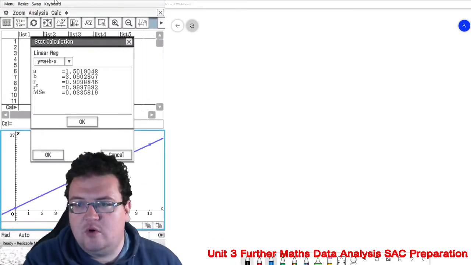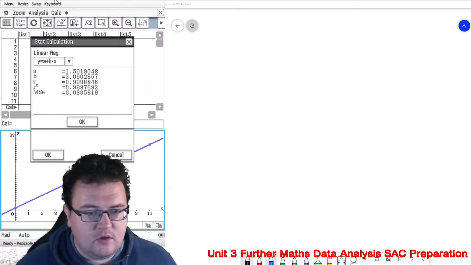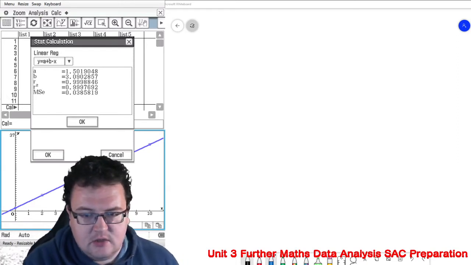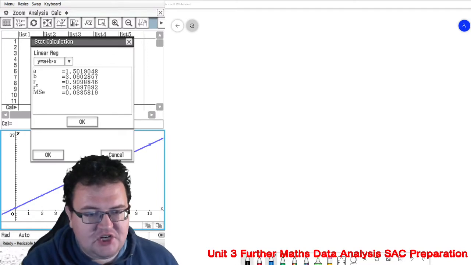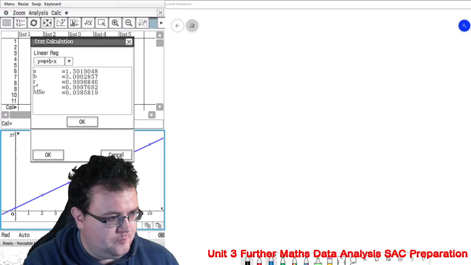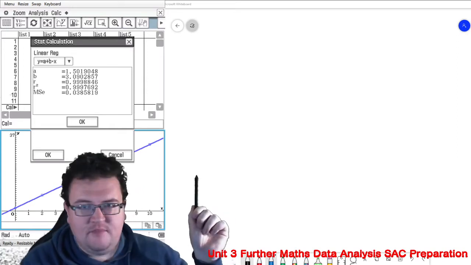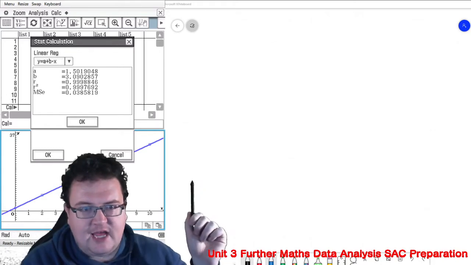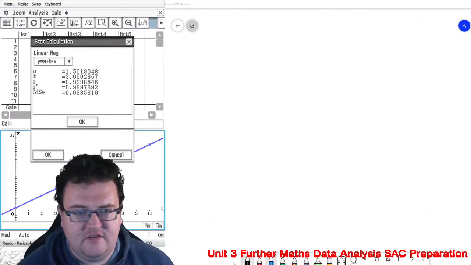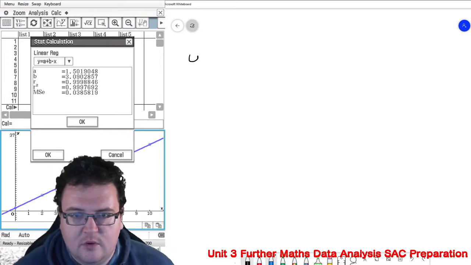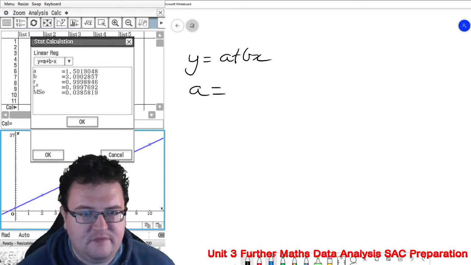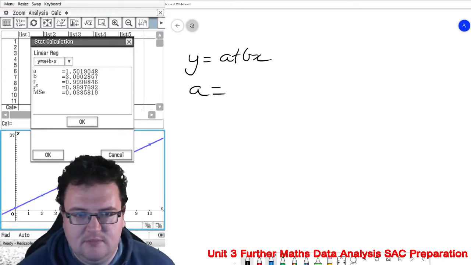On our whiteboard, the question actually says, write the coefficients to 2 significant figures. So based on what I've got up there on my CAS, what are my 2 significant figures going to be? It's y equals a plus bx. A is 1.5019, blah, blah, blah.